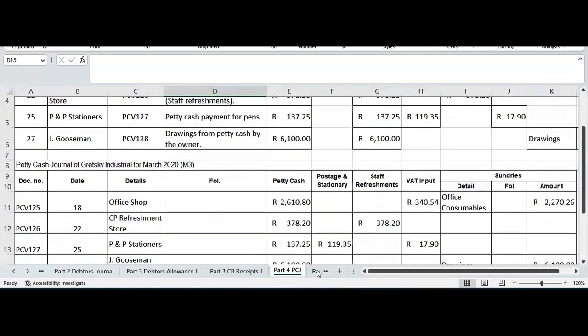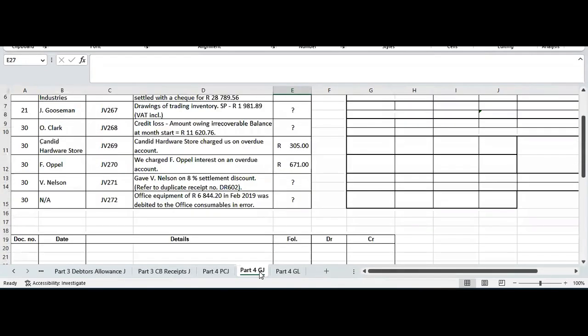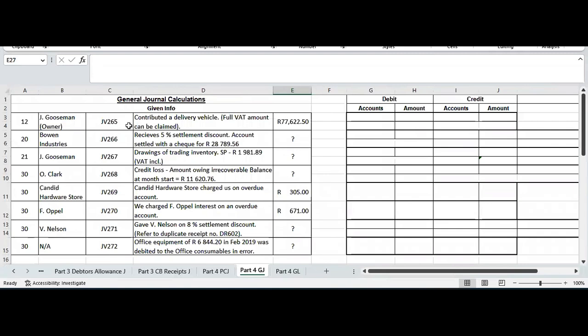Now, the next one that we're going to have a look at is our general journal. Now, remember, this journal doesn't look like the others. It looks a little bit different, and I'm going to show you that now. But here is what we were given.